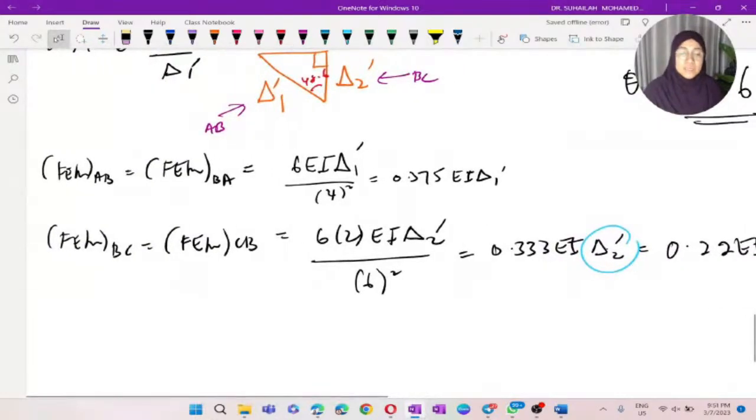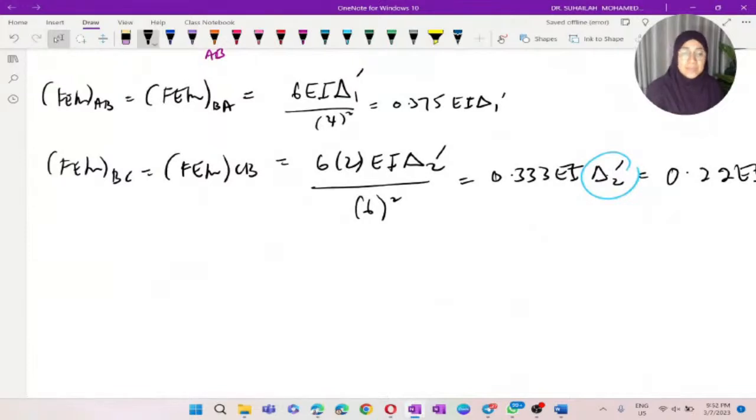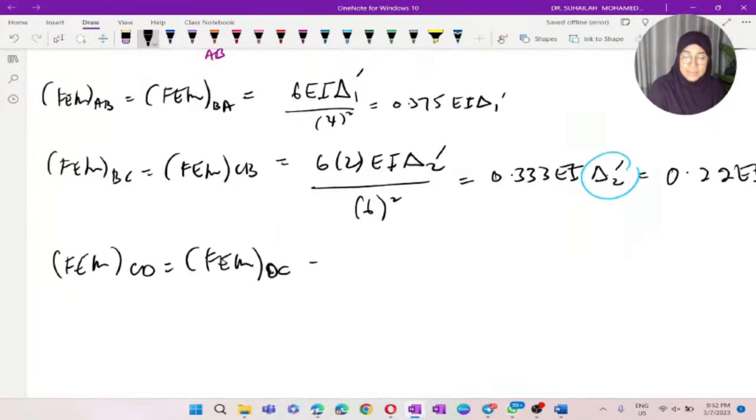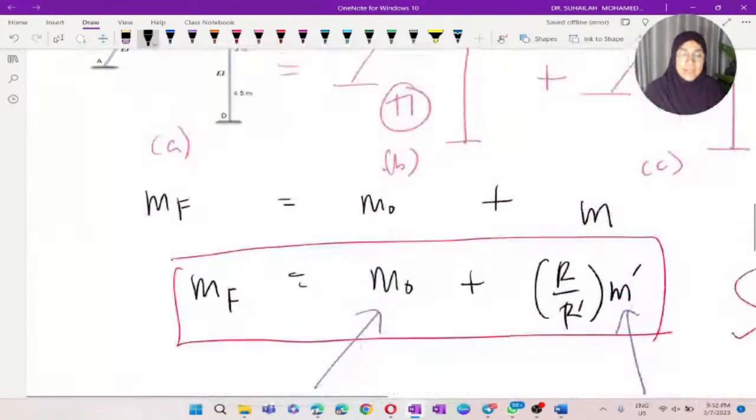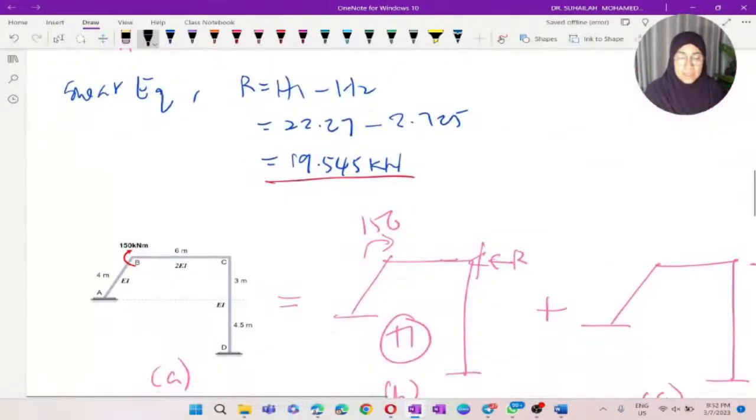Okay, formula to calculate FEM for CD equal to FEM for DC, it is 6 EI delta 3. For member CD, it is delta 3 divided by L, which is 7.5.